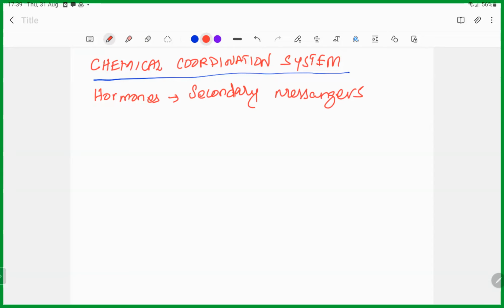Do you remember the general characteristics? Hormones are secreted by what? Yeah, endocrine glands. Okay, hormones are the secondary messengers secreted by endocrine glands.